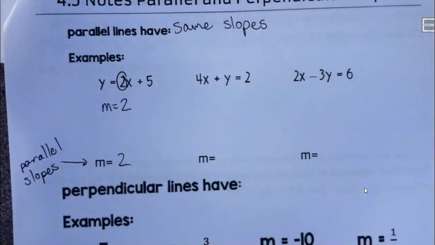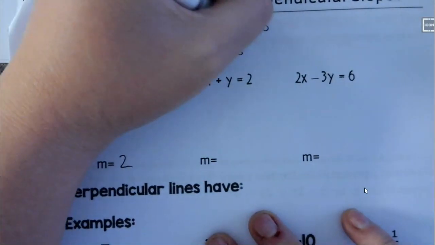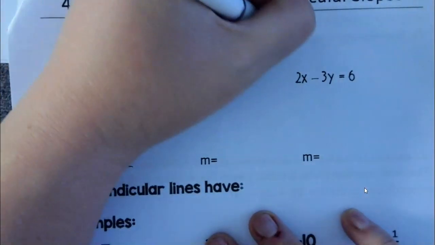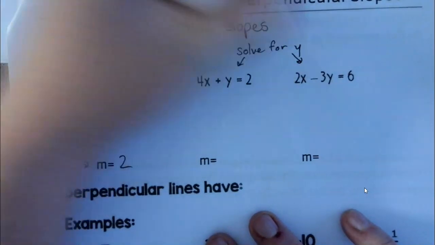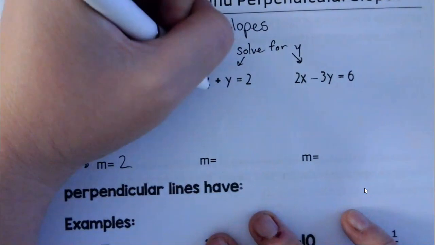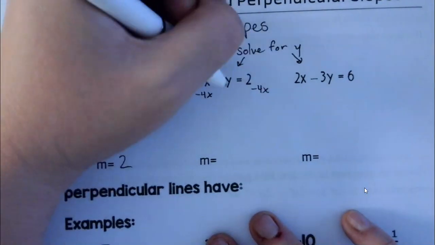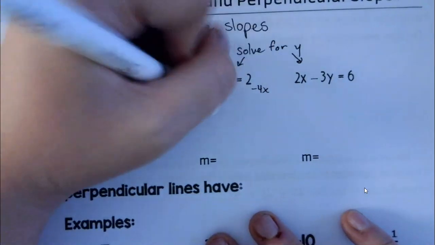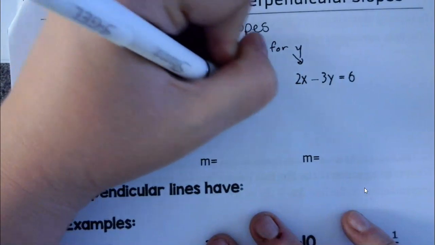Both of these are in standard form, but we are going to change them to slope-intercept form, which means we need to solve for y for both of these equations. In order to do that, I'm going to subtract 4x on both sides. It's going to disappear over here.